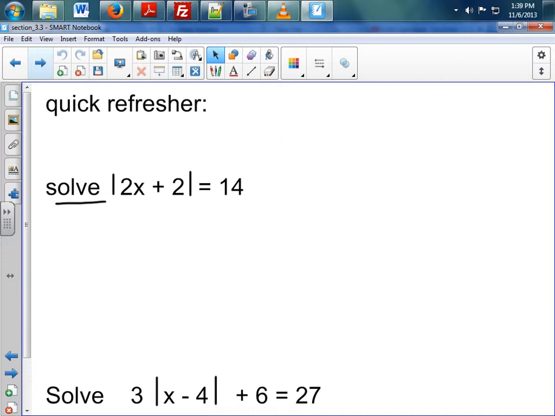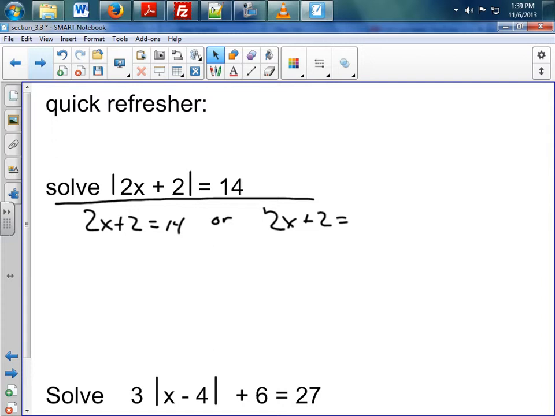Right? We drew a line and we said 2x plus 2 equals 14, or 2x plus 2 equals negative 14. And then we solve them. And x equals 6.